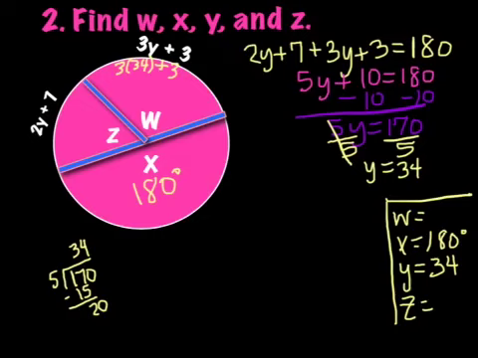Well, 3 times 34 would give us 102. Okay, plus 3. And that's going to give us 105 degrees. So if this right here is 105 degrees, that means that W is also 105 degrees.